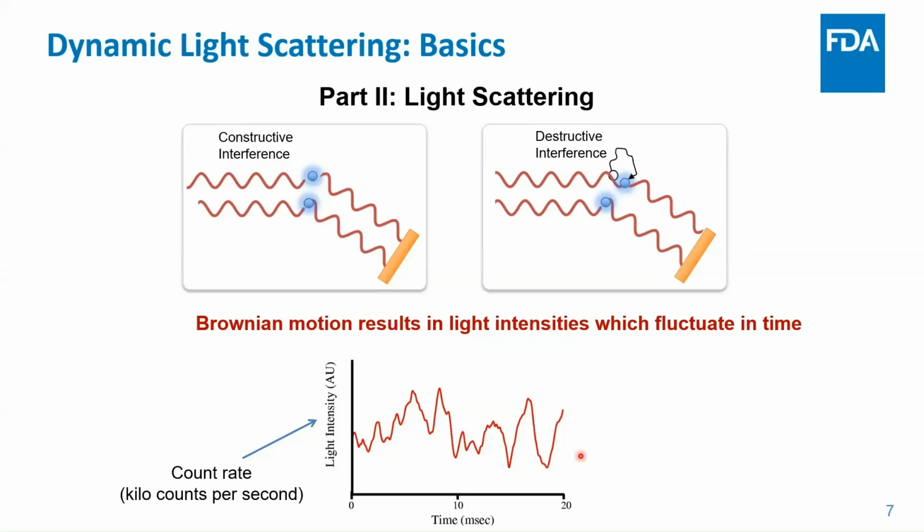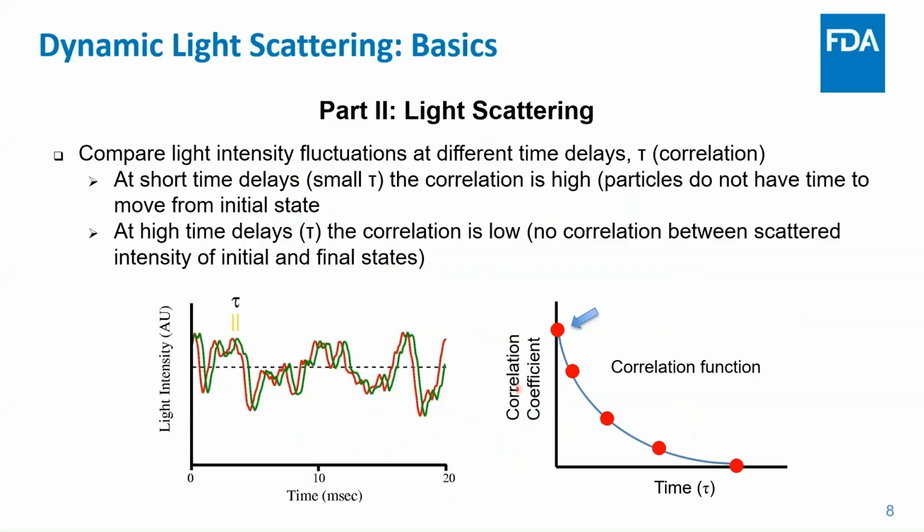So how do we go from fluctuation in light intensity to something that we can use? By looking at a correlation function. Basically, you have a reference for the light fluctuation in the intensity over time. And then you take some very infinitesimally small time step and you shift that fluctuation versus itself.